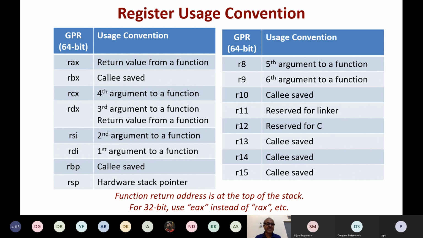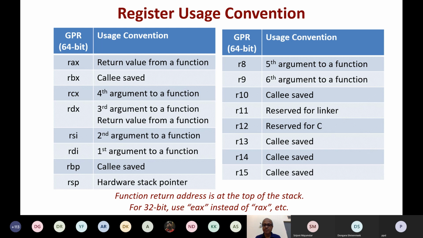Okay. And as I said, RSP is the stack pointer, because in x86 there is a stack which is maintained in memory. There are instructions like push and pop, just like in a stack, where the stack pointer always points to the top of the stack. And as a matter of convention, the stack grows from higher memory address to lower memory address.